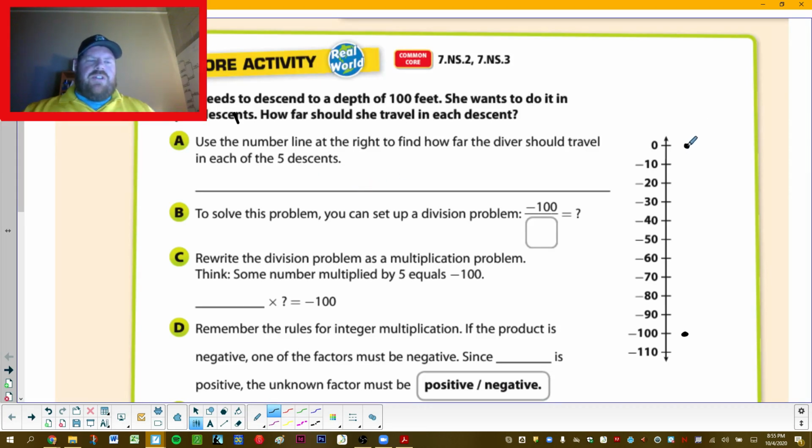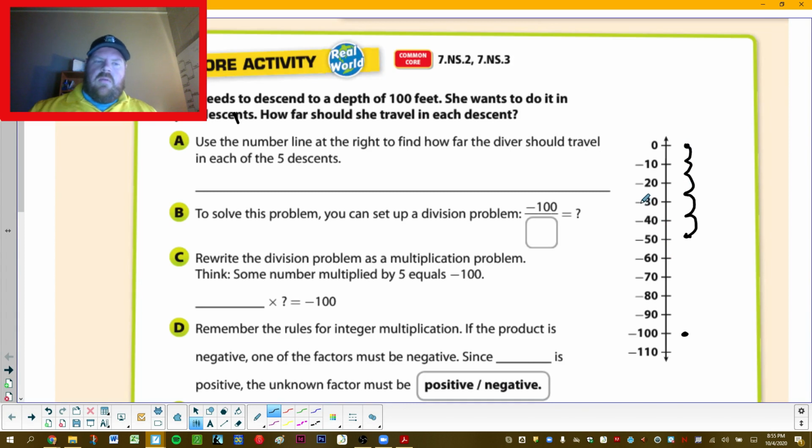It shouldn't shock you too much to know that each descent is going to be 20. You could look at it as going down 10 every time, which ends up at 50 after 5 times.